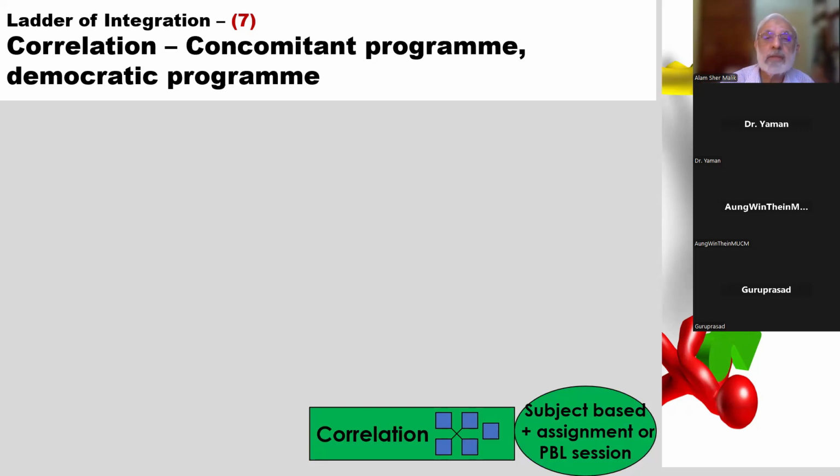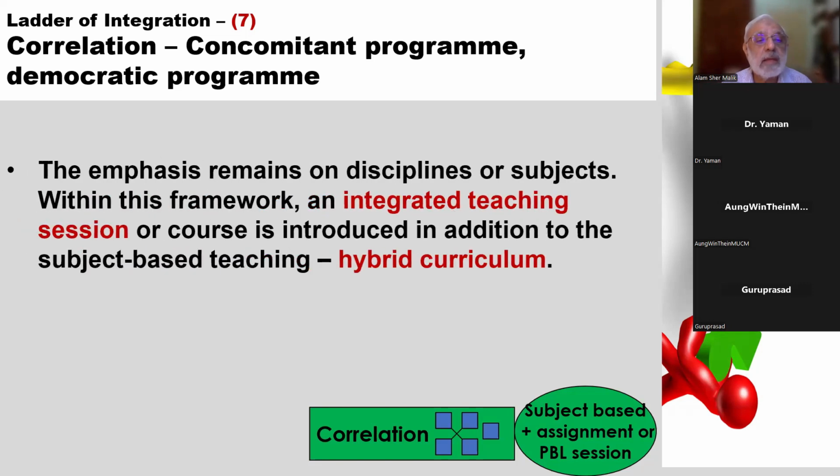So it means that the joint sessions, joint assessments and joint activities play more of a role than at level 6. The emphasis remains on discipline, though, or the subjects.